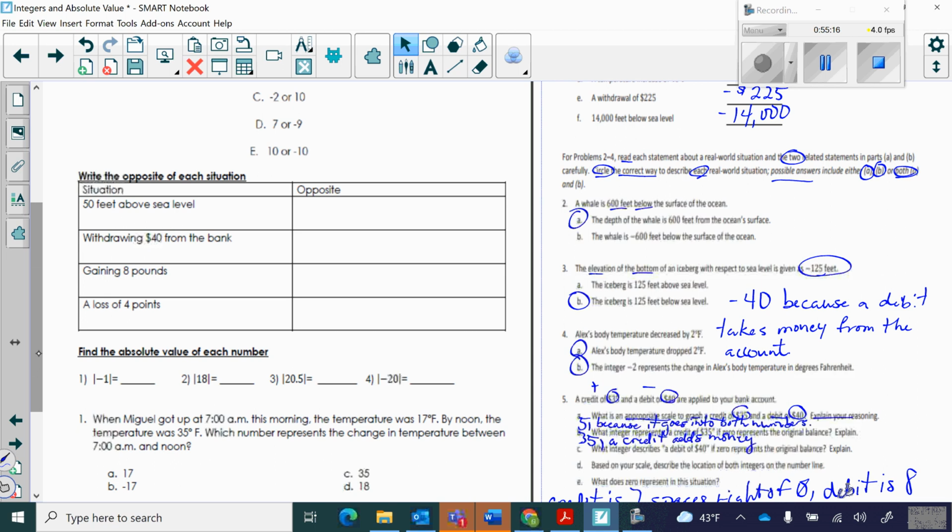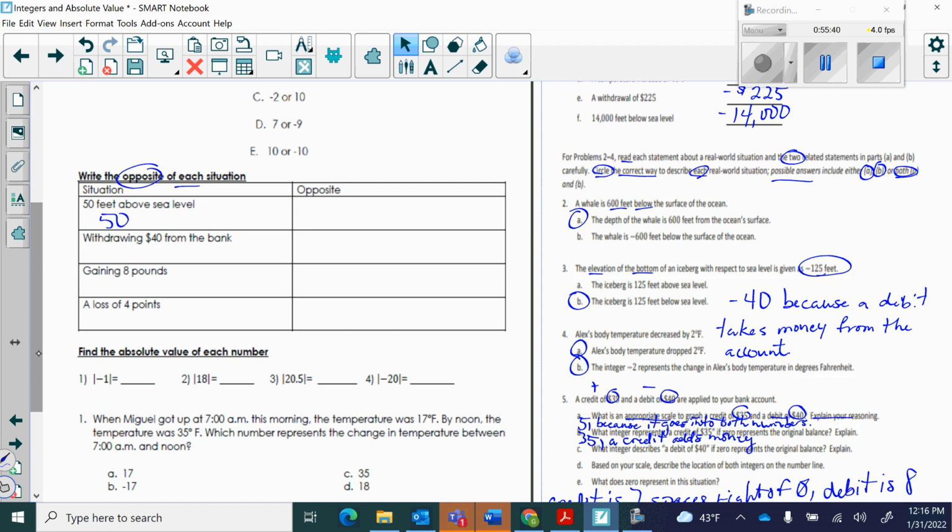Our next part, write the opposite of each situation. It will be beneficial for you if you write down the number first and then the opposite number, but then write the situation. So if it's 50 feet above sea level, what number would that be? 50. What's its opposite?